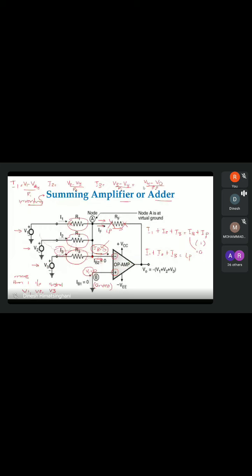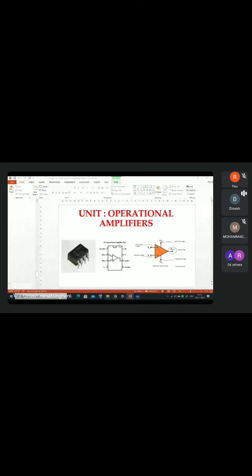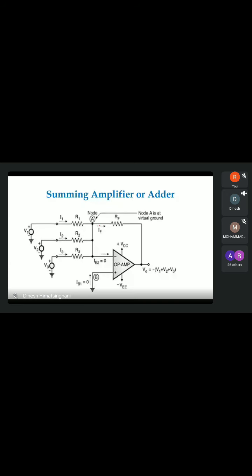Any questions before I start doing the derivation? Please look at the circuit diagram. You want to de-annotate this so that you'll be able to see it again. I said I1 plus I2 plus I3 is IB plus IF, and I'm going to solve it. Have you understood? Can I go to the whiteboard? Yes. Okay.